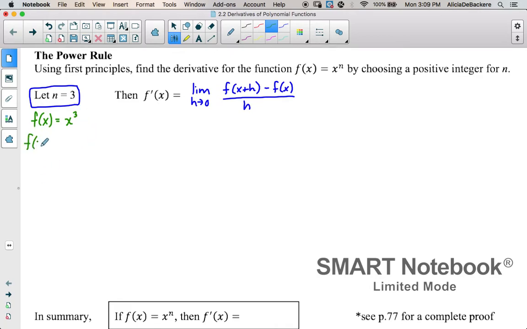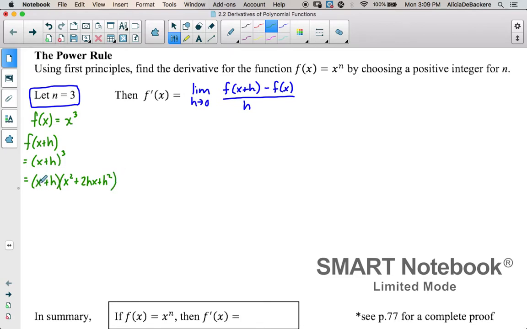And I'm going to need x plus h in here. So f at x plus h, that's going to be x plus h cubed. And there is a trick for expanding this. You might remember it from past courses, but if you don't, you can just think about multiplying 2 of the brackets together first, and then you would get x squared plus 2hx plus h squared.